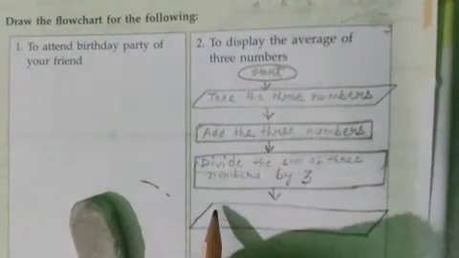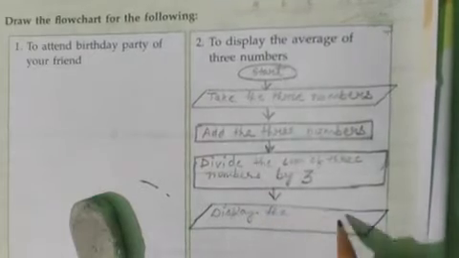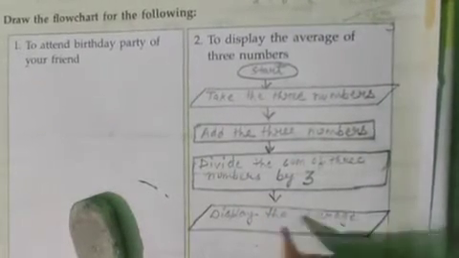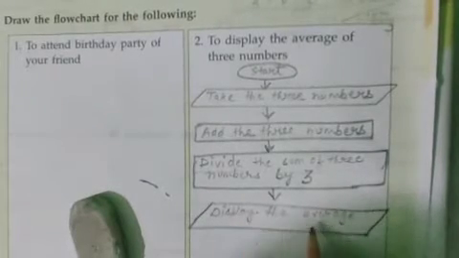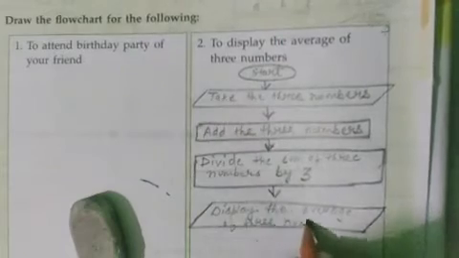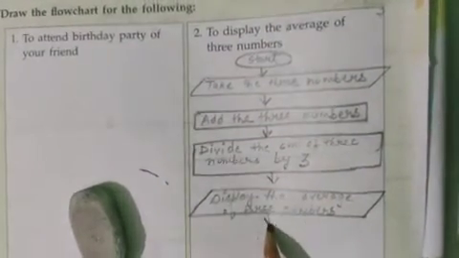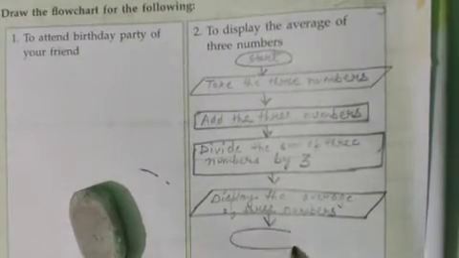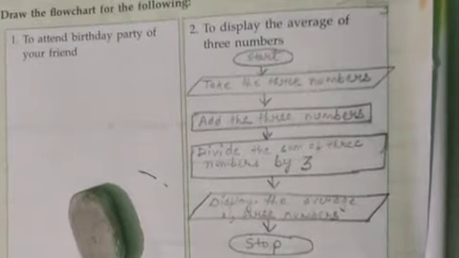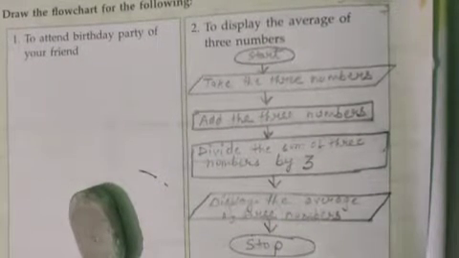Now write down: display the average of 3 numbers. Okay, now we are done with the processing. Now again draw the flow line, and we have to end our execution, so write down stop over here in the oval box. Okay children, so this is how you have to write down the instructions using different symbols.